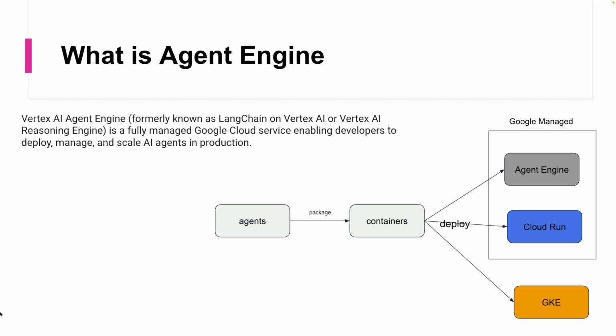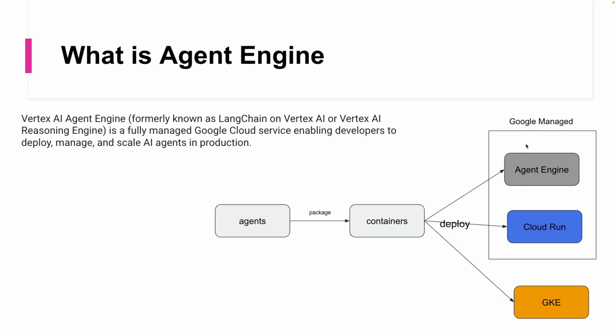So here you can see that the agent is using the Agent Engine. The Agent Engine packages your agents in the form of containers and deploys them. You can deploy your agent in Agent Engine, Cloud Run, or GKE.